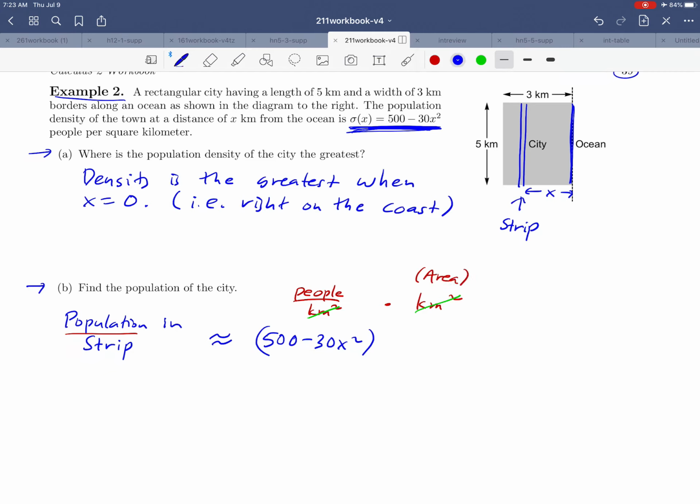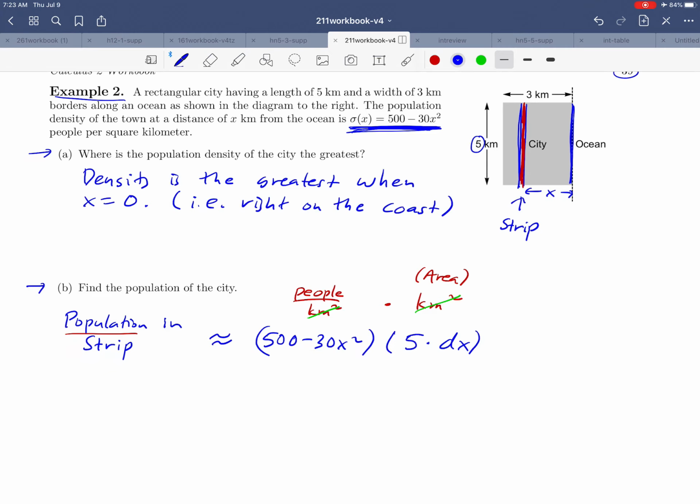Okay, so how would you find the area of this strip that we drew in up here? Okay, well, that's a rectangular strip, so we just need to take its height times its width, basically. How high is that strip? What's its length vertically? Well, you can see that that's going to be the 5 kilometers on one side of our city, and its width, we'll call it dx because it's a very thin strip.